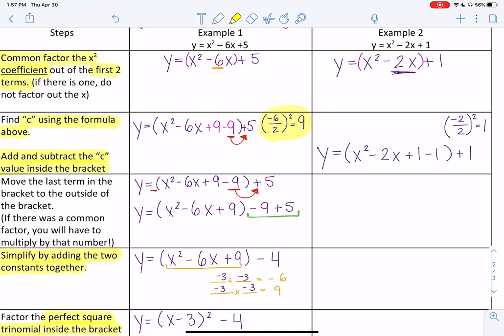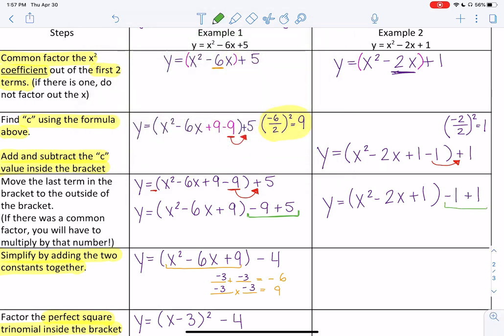Next, I need to move this -1 outside of my bracket. So that will give me x squared minus 2x plus 1 all stays the same. My -1 comes out of the bracket, and that plus 1 just stays at the end.